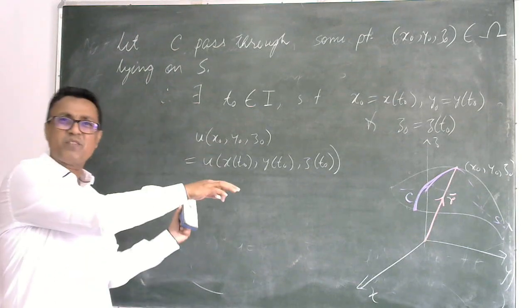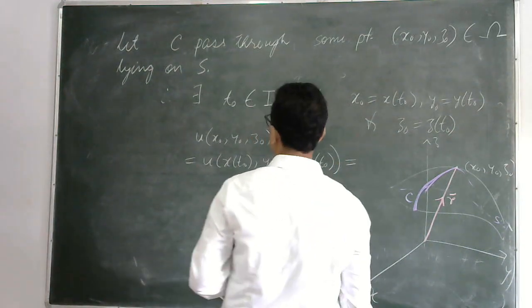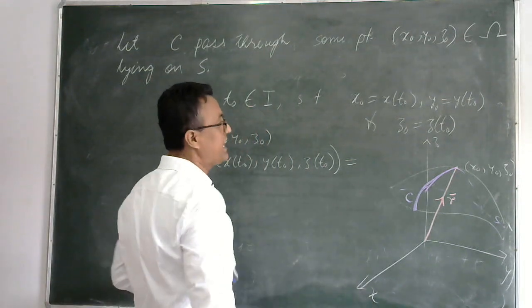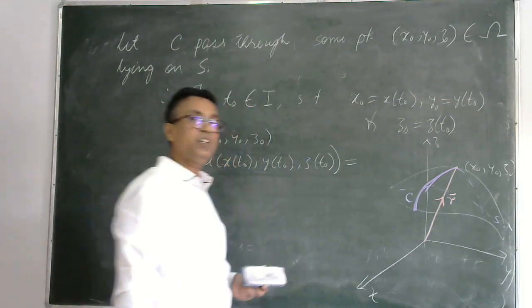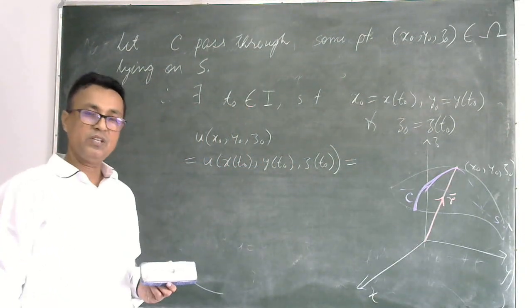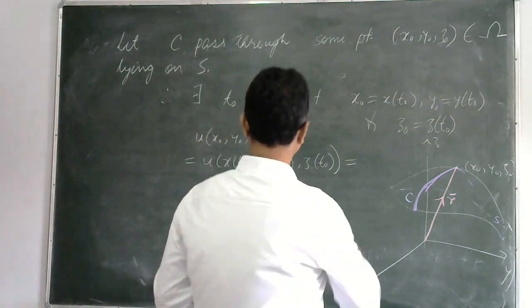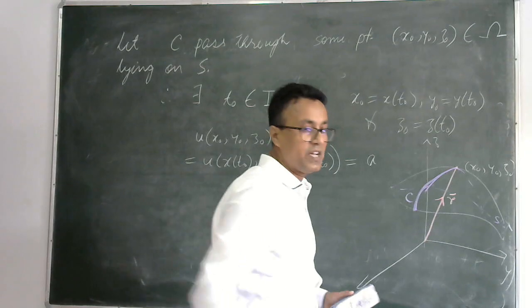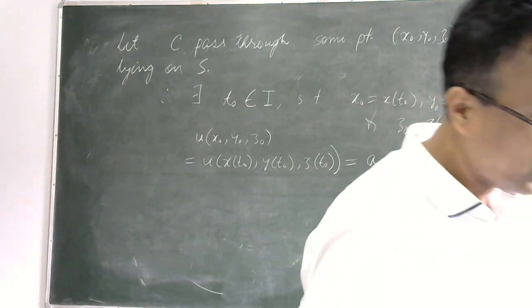This is straightforward. And again, you know that if any point lies on the surface S, that point must satisfy the equation of the surface. That means u(x, y, z) equals a, small a. So this is equal to a. Is it okay with everybody?